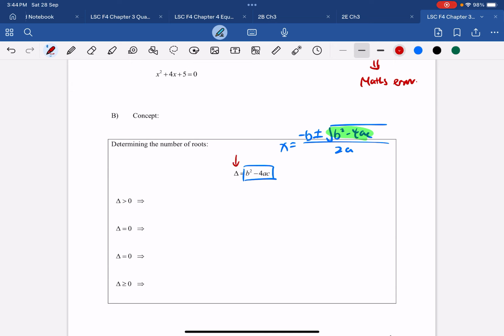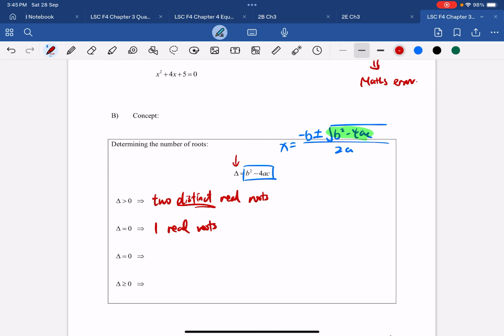So when delta is greater than 0, it means that the quadratic equation has two distinct real roots. Distinct means they are different. Two distinct real roots. And if delta equals 0, it means that it only has one real root, or you can say repeated roots.